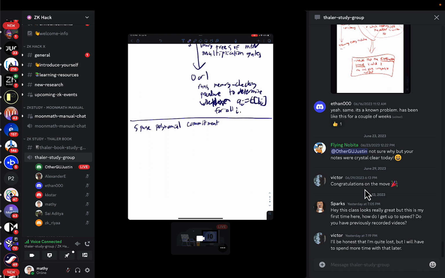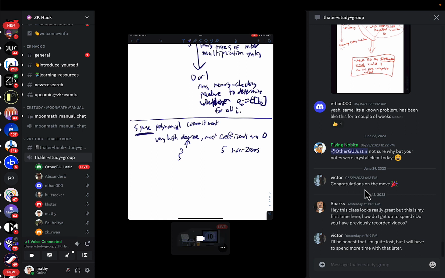If you're more comfortable with univariate ones, just think of a sparse polynomial as having very high degree, but most of the coefficients are 0. So say the degree is, I don't know, s squared, and the number of non-zero coefficients is s.